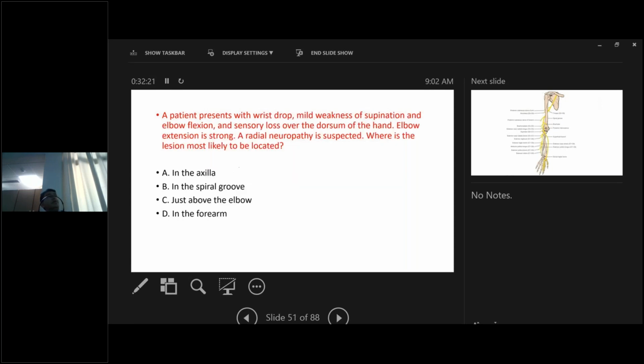Okay, just a second. So if you have a lesion at the axillary level, then you're going to have weakness in the triceps muscle, so you cannot extend. But the patient is able to extend. So that means it's probably distal to the axillary.